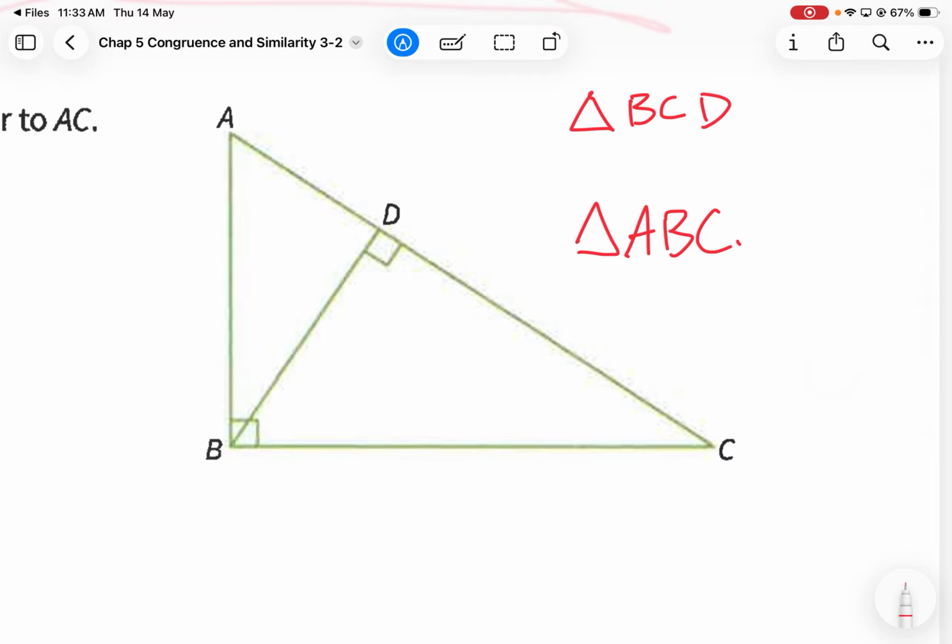This angle C is the same in both. In the big one, the angle B is 90 degrees.